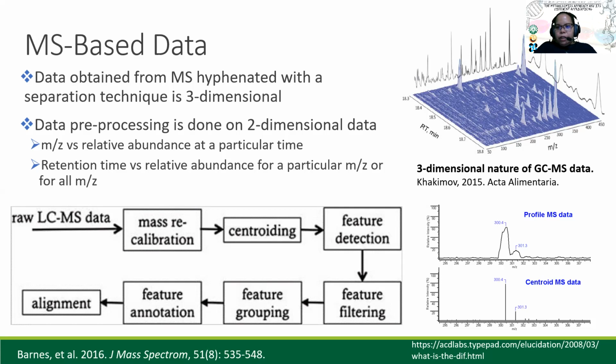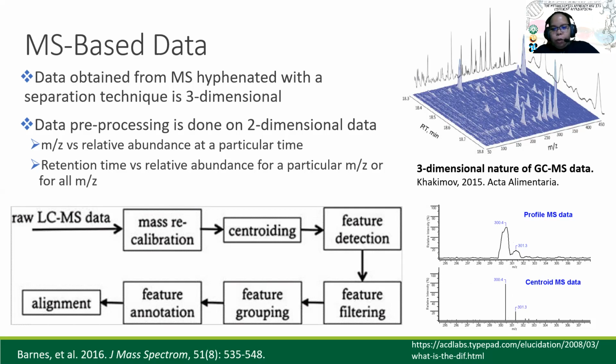But if you have too much data, the data files are very big, it's very hard to process them. And so usually we make use of centroided MS data, wherein these continuous peaks are converted to thin stick or line peaks. And these will be used for subsequent steps of data analysis.